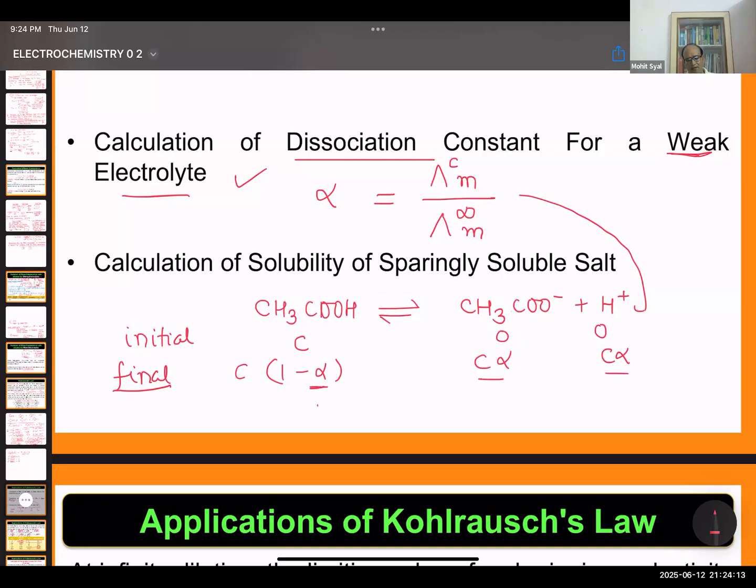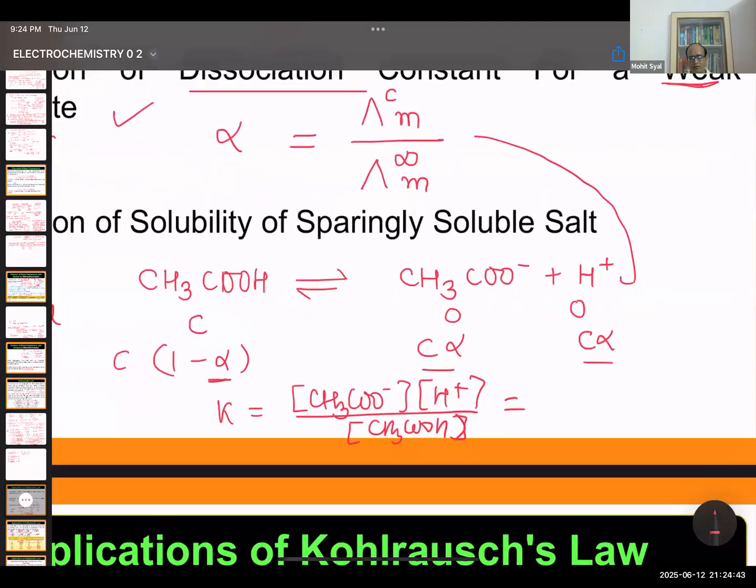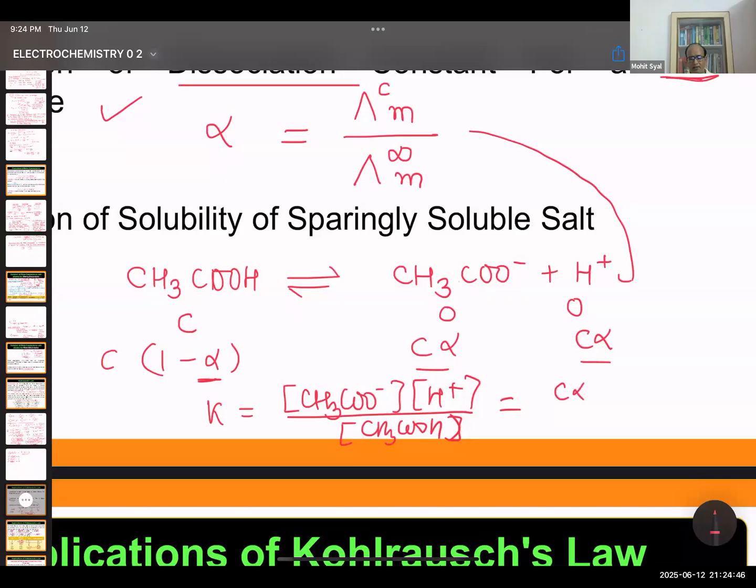Now write the equilibrium constant, which is the ratio of the concentration of the products divided by the concentration of the reactants. I started with initial concentration C. Out of 1 mole, alpha mole got dissociated, so alpha H plus and alpha acetate ion.